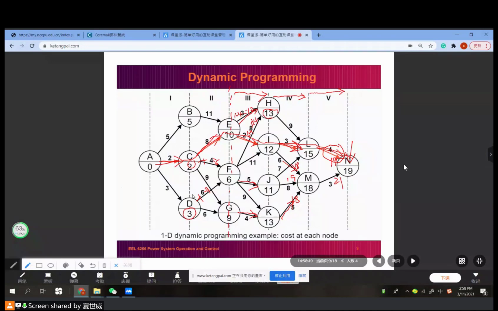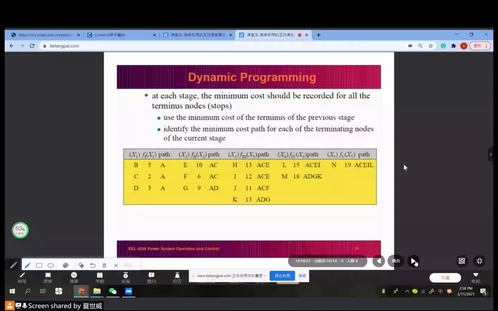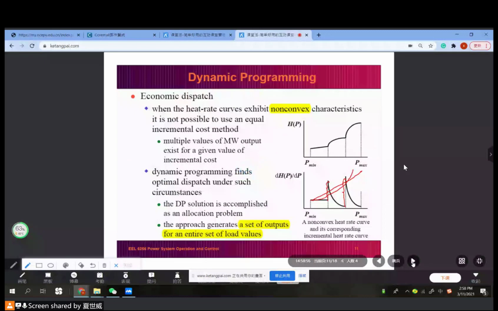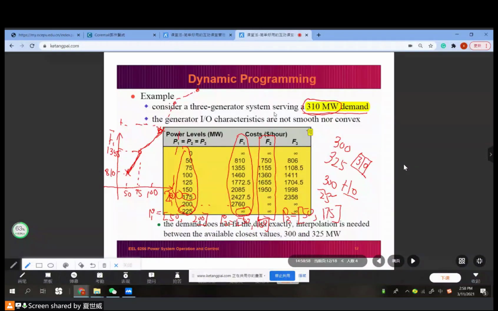This is the logic of dynamic programming to solve this mathematical problem. For our economic dispatch, our problem is that we have to find 3 generators to support this total load of 310 megawatt. First, we calculate 2 generators to support the total load.